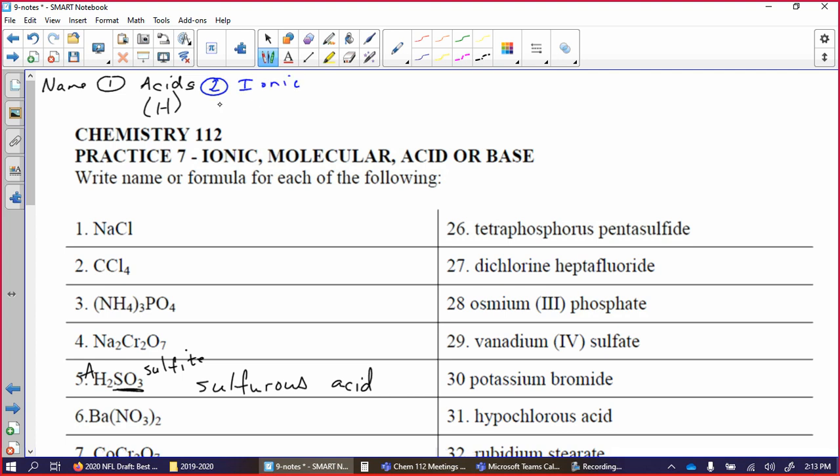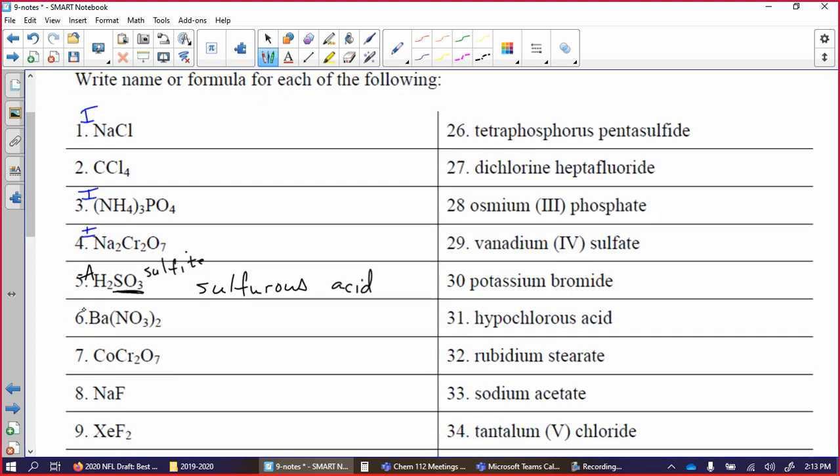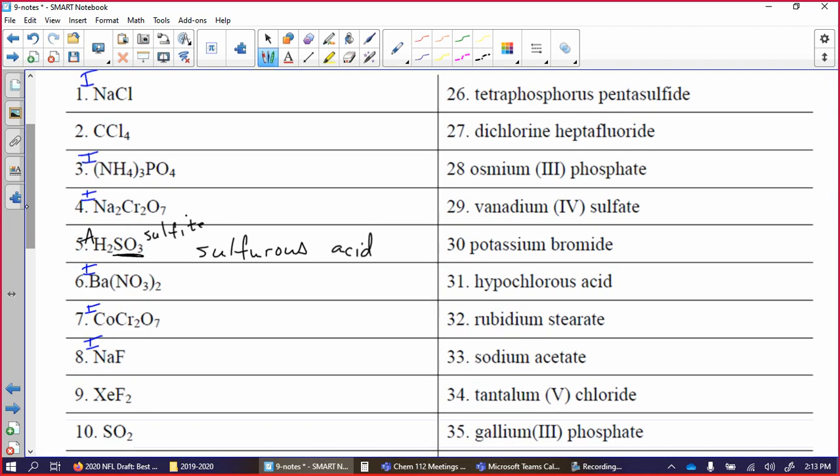Well, sodium is a metal. That's got a whole bunch of stuff, so that's got to be ionic. That's got a whole bunch of stuff, so that's got to be ionic. That's a metal. Cobalt is a metal. When you're doing these, the periodic table should be handy.